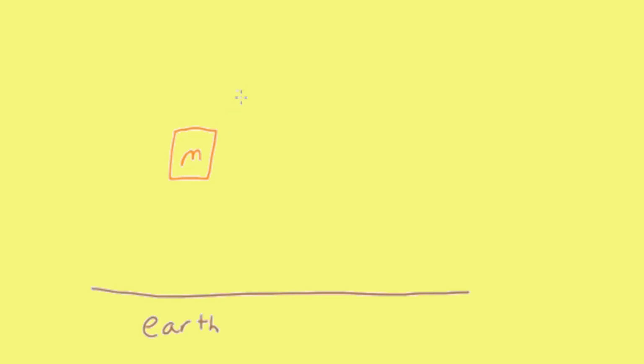So let's start off with something you're a little more familiar with. We'll have Earth, so we're near Earth, and let's just have some box of mass m. If we wanted to know what the weight of this box was, it would just be its mass times gravity.